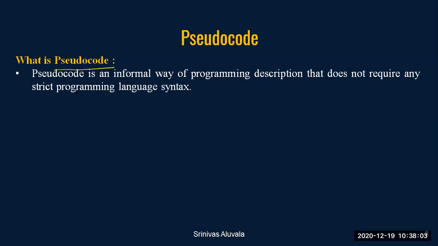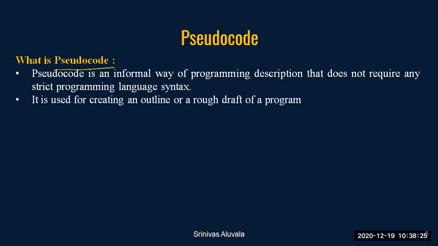What we are supposed to do in a program is defined in pseudocode, which looks like an algorithm, but it's not an algorithm because it doesn't have any strict rules or conditions to be followed.